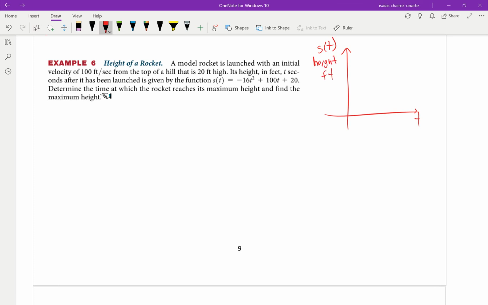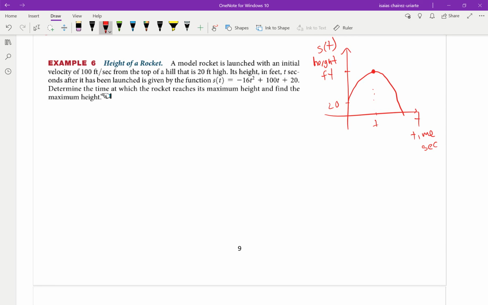The situation is that our rocket was launched at 20 feet, it went up, and then it hit the ground. What we're trying to find is the time at which it reached the maximum height, and also the maximum height. So literally what's being asked of you is to find the vertex.